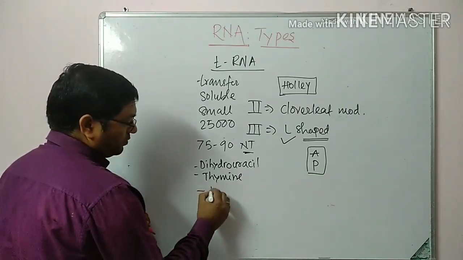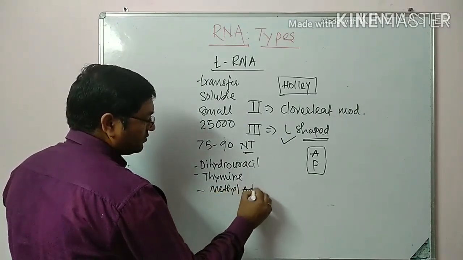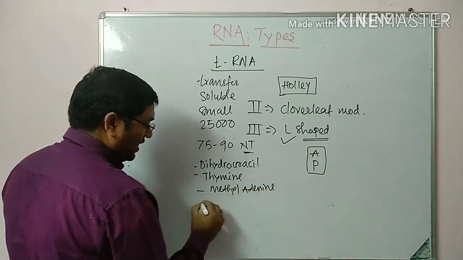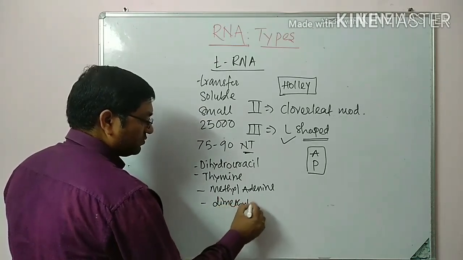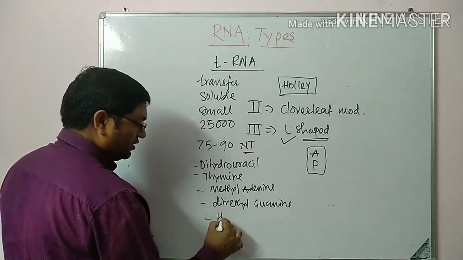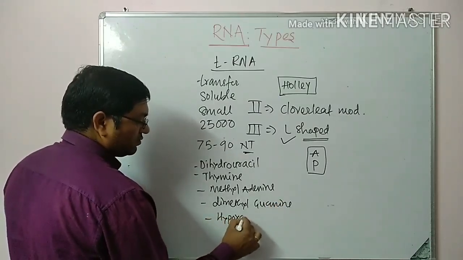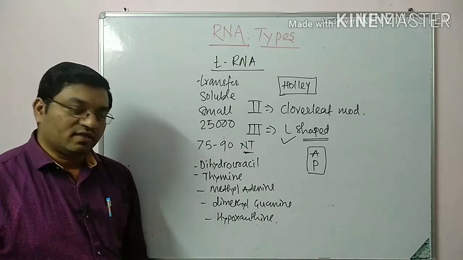Then methyl adenine and dimethyl guanine, hypoxanthine. These are the unusual bases in tRNA.